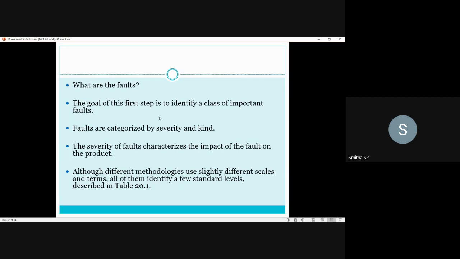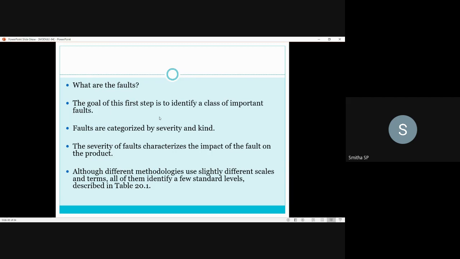Next, the severity of faults characterizes the impact of the fault on the product. So how severe the fault is, whether it is critical, moderate, and so on.